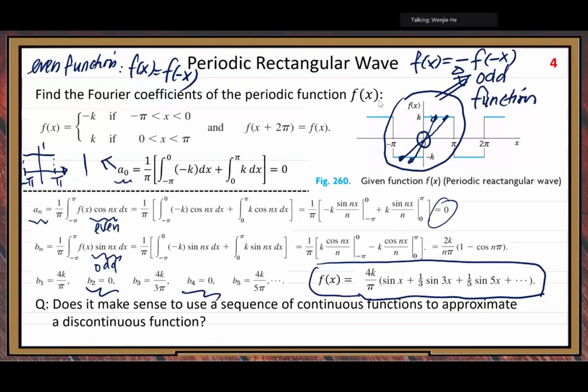Does it make sense? Discontinuous, continuous, how can you make them equal? Actually, it's possible. Why? Because this is an infinite series, and an infinite series may converge to a discontinuous function.